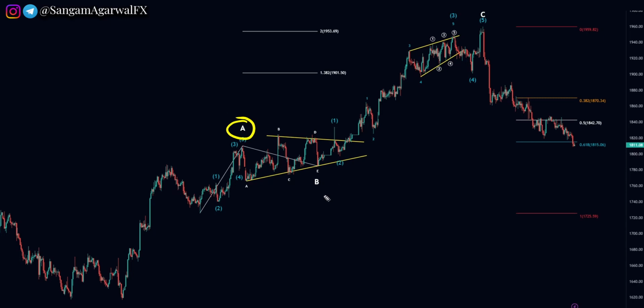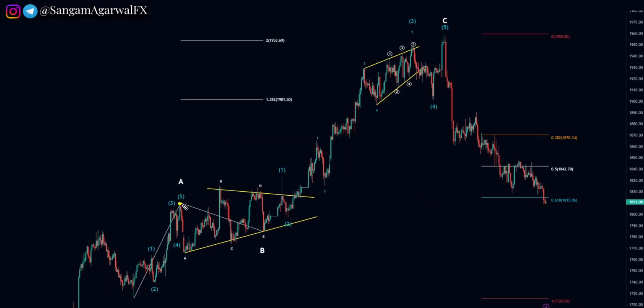And after A we need a correction, that can be a zigzag or flat correction or chart pattern. It completely depends on the market, but you have to consider all the possibilities.